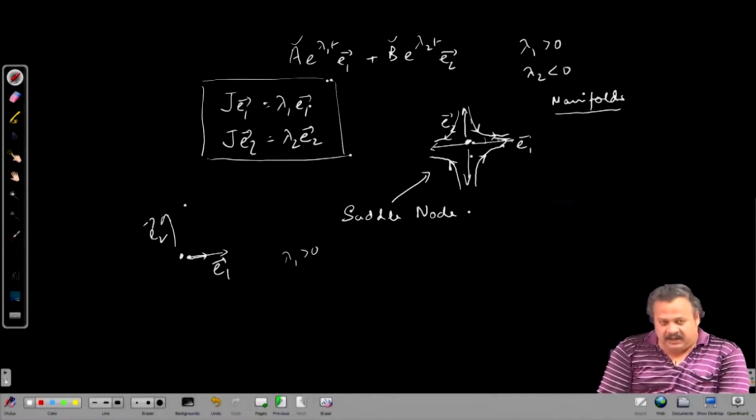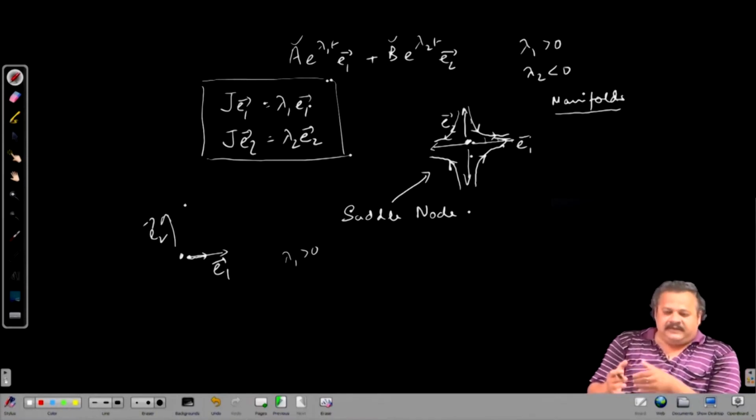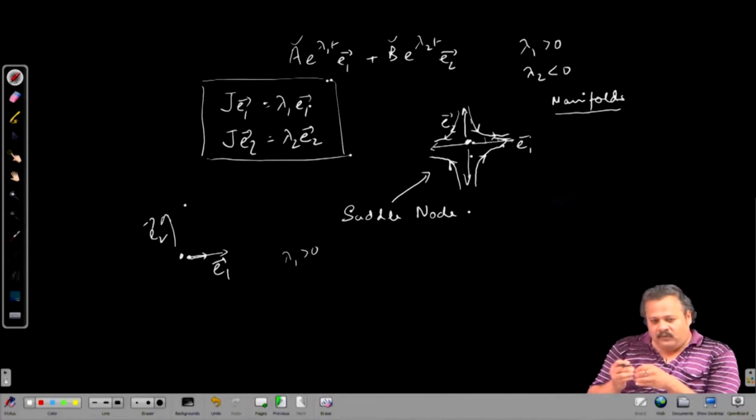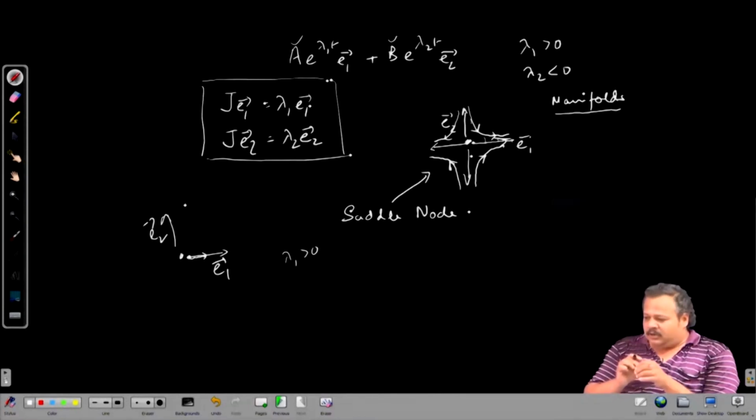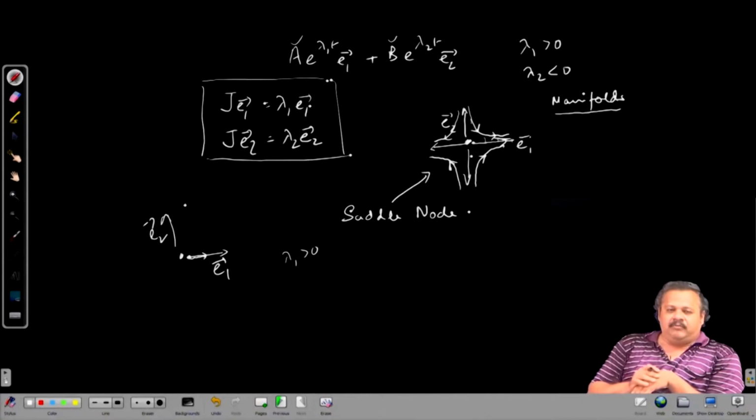Remember, we have linearized it, so this is valid only very close to the equilibrium point. Once we move along E1 slightly further, then that E1 is not valid anymore. That is, it will not continue only along E1 away from the equilibrium point.